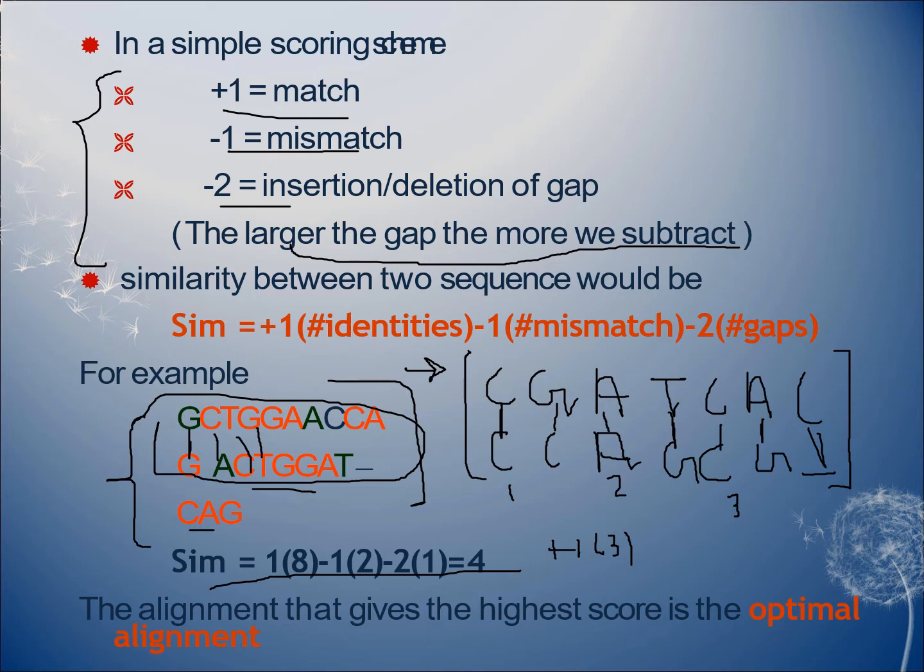Now let's see how many mismatches there are: one, two, three. So three mismatches, and the mismatch score is minus one, times three. There is only one gap, the gap score is minus two, and the number of gaps is one. So let's count entirely how much this is. This is plus three, this is minus three, and this is minus two.